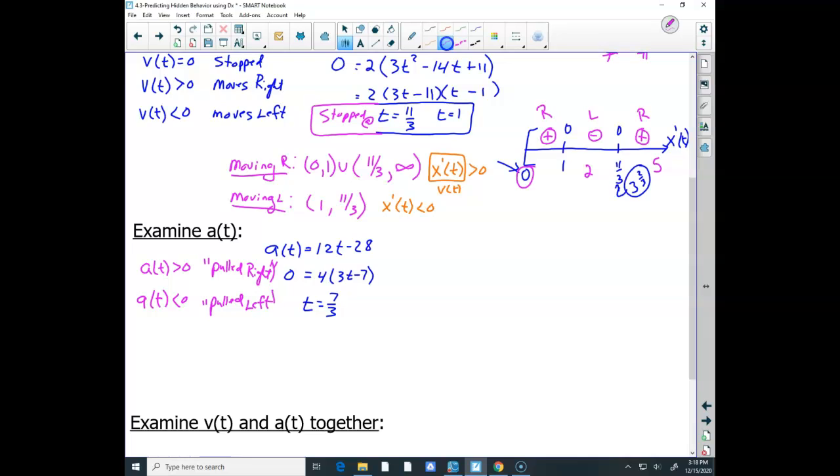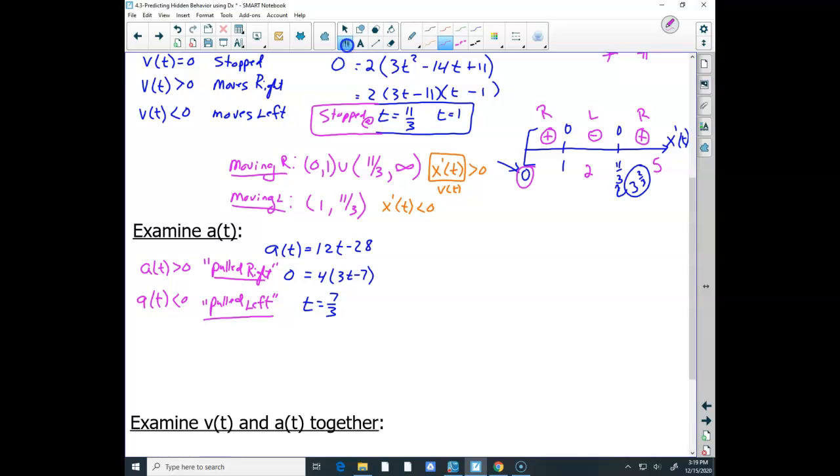And we know that when acceleration and velocity are the same sign, they're working together. Therefore, if they're both negative, I'm being pulled left and moving left. When they're both positive, I'm being pulled right and moving right. That is why it is speeding up in those cases, all right?